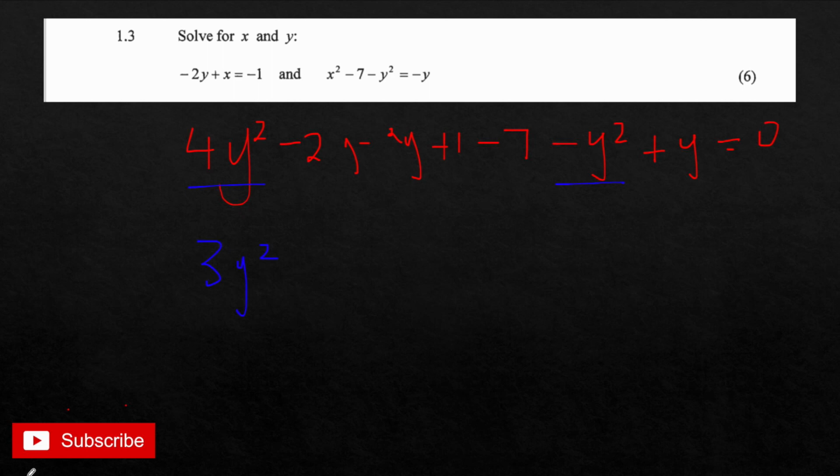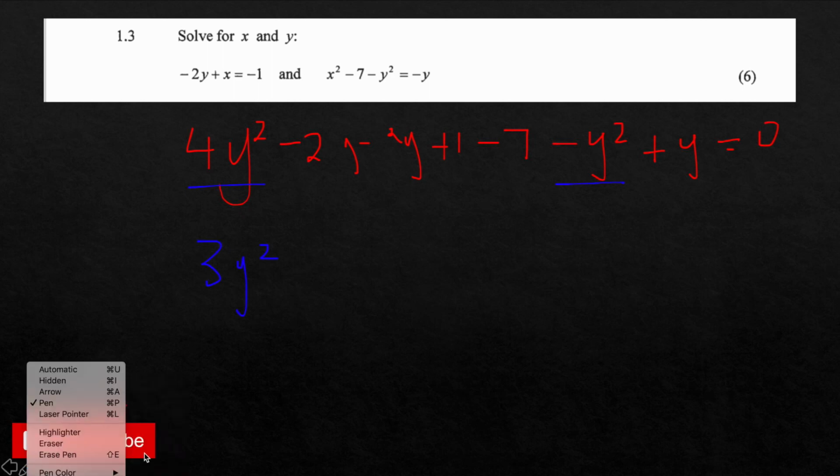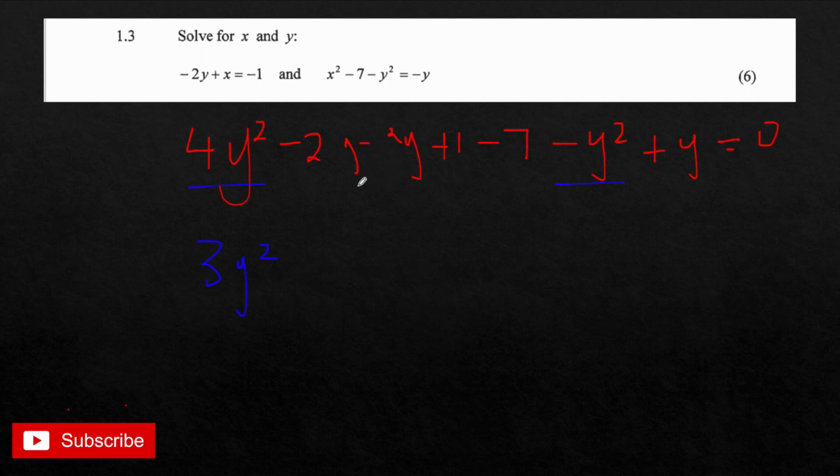squared. When I add minus 2 plus 1, I get minus 3y. And then last, when I add 1 and 7, I get minus 6 equal to 0.